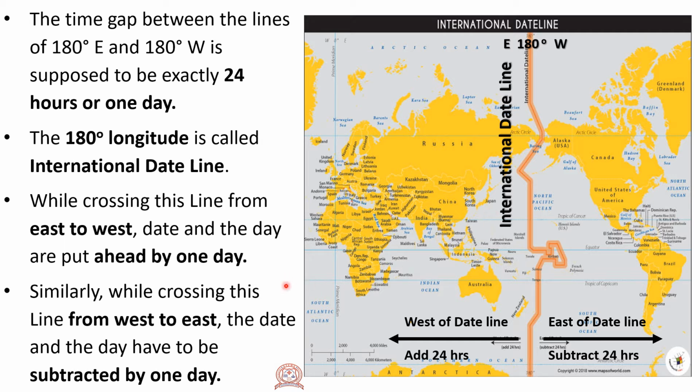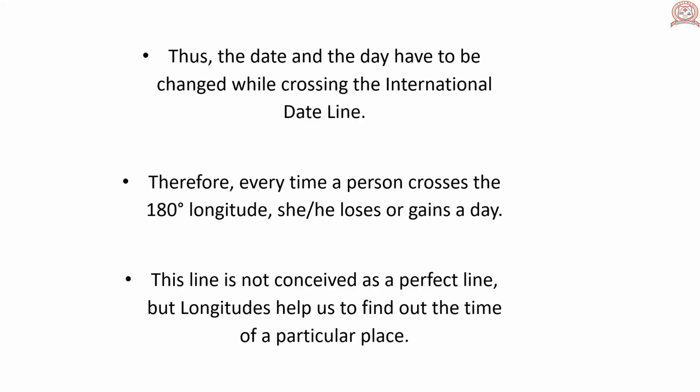Similarly, while crossing this line from west to east, the date and the day have to be subtracted by 1 day. Thus, the date and day have to be changed while crossing the International Date Line. Therefore, every time a person crosses the 180 degree longitude, he or she loses or gains a day.